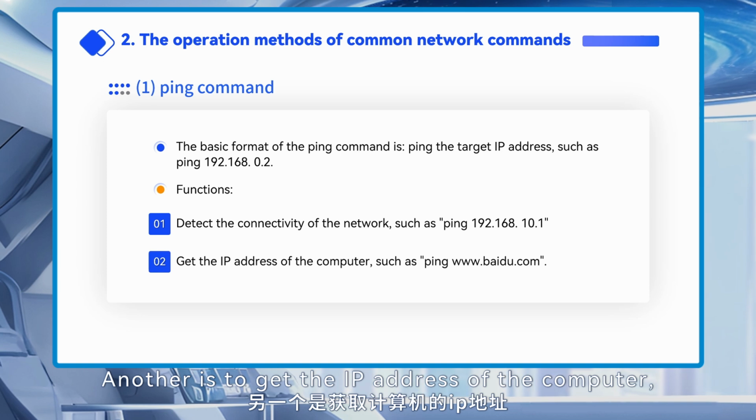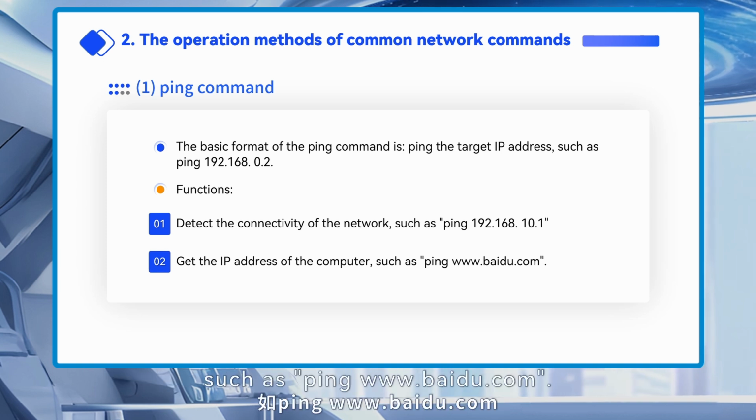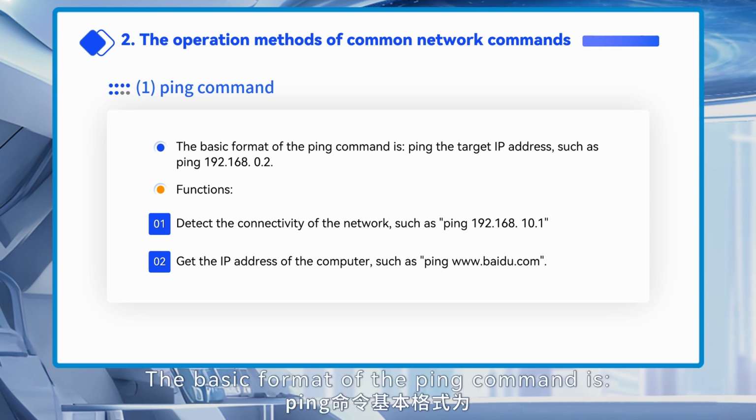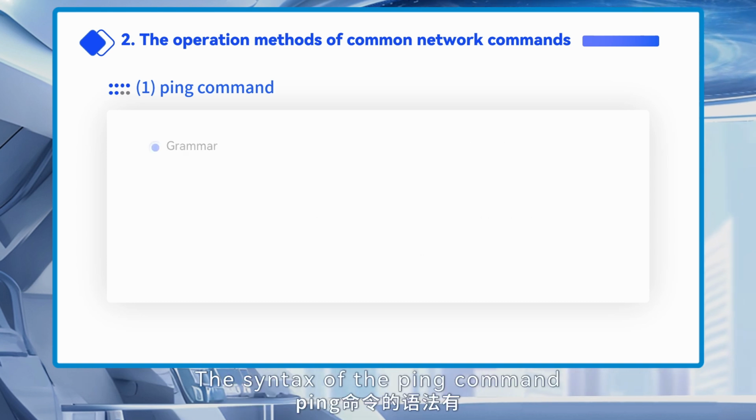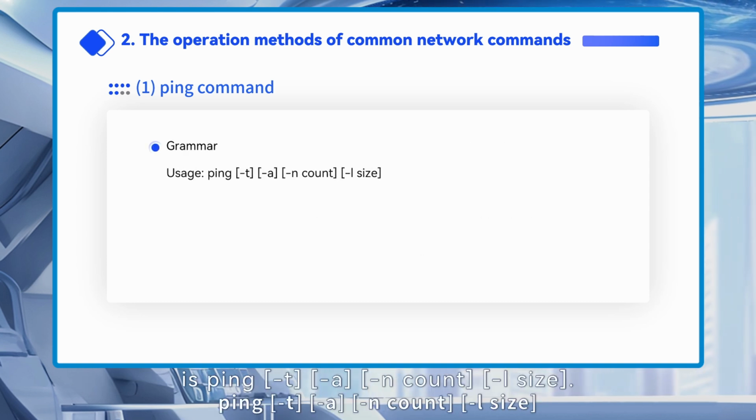Another is to get the IP address of the computer, such as ping www.baidu.com. The basic format of the ping command is ping the target IP address, such as ping 192.168.0.2.